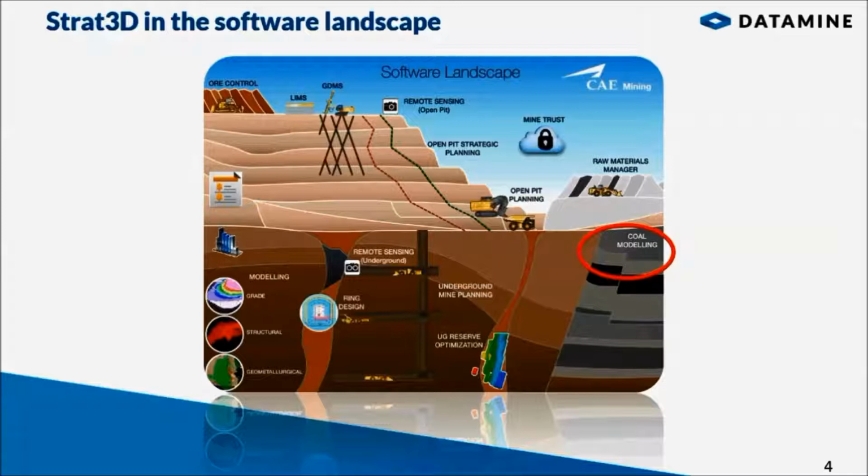And today we're focusing on stratified modeling and maybe specifically on coal modeling because we're looking at washability. But Strat3D is also very well used outside of the coal industry for other stratified ore bodies.